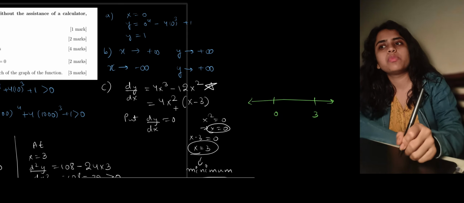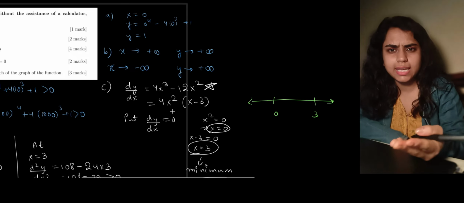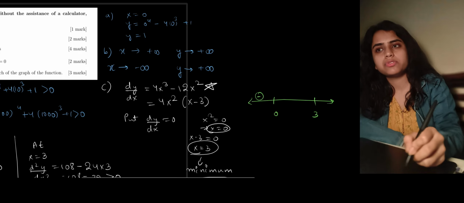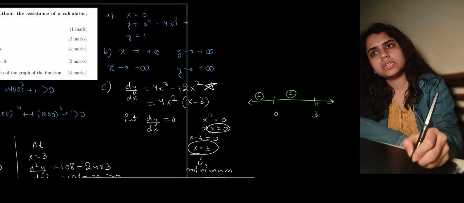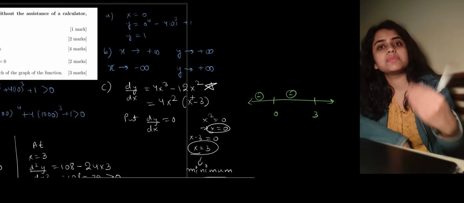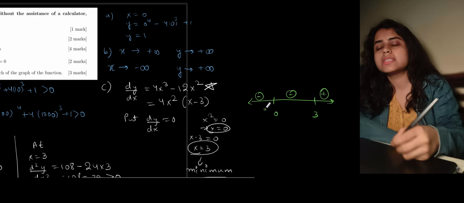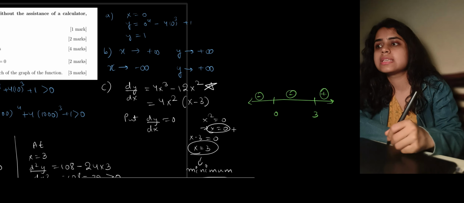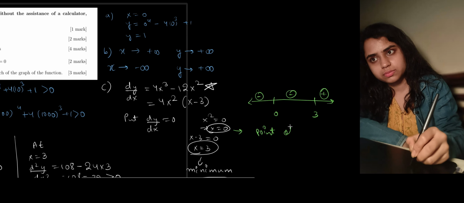If you take any point less than 0, let's take negative 1, plugging in gives a negative number. If you plug in positive 1, it's a negative number. If you take any number greater than 3, it's positive. So the sign of the first derivative is the same on both sides, and hence x is equal to 0 is a point of inflection.